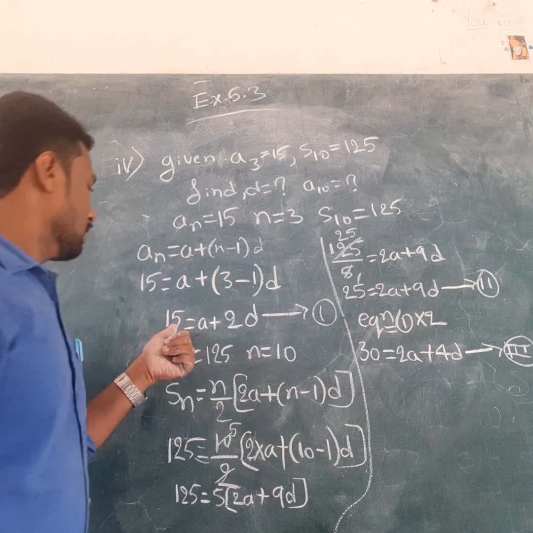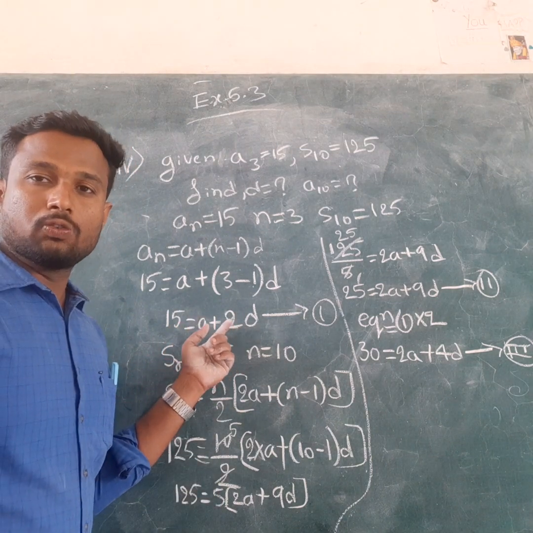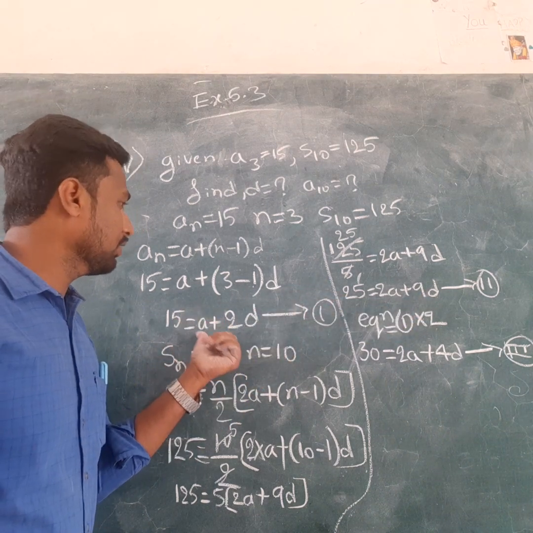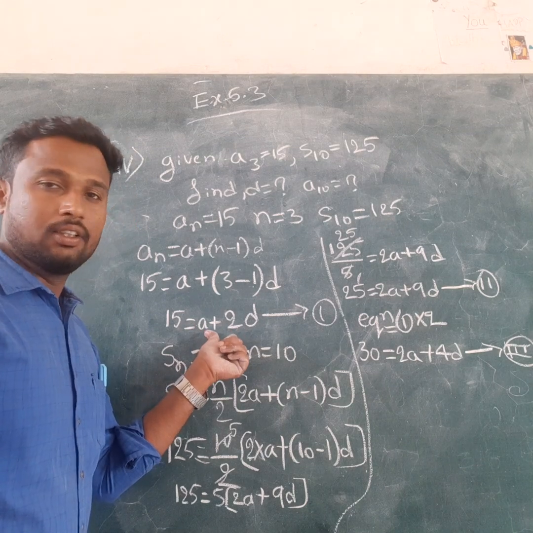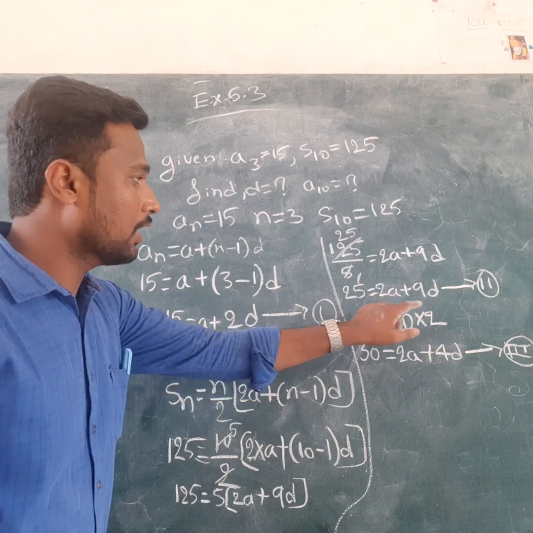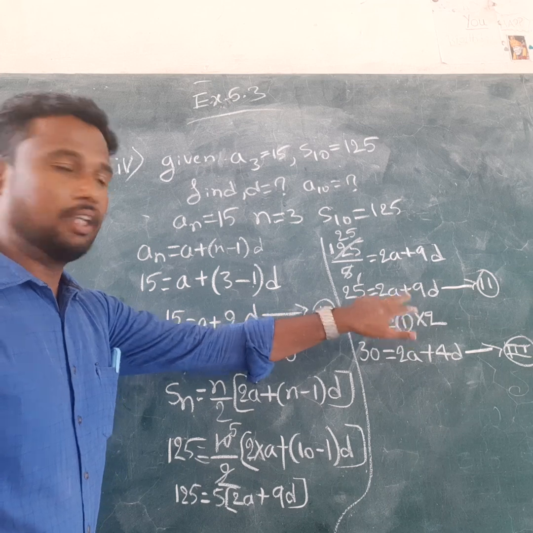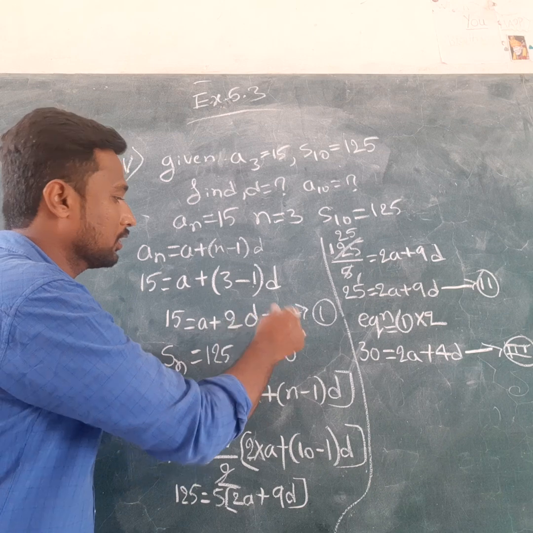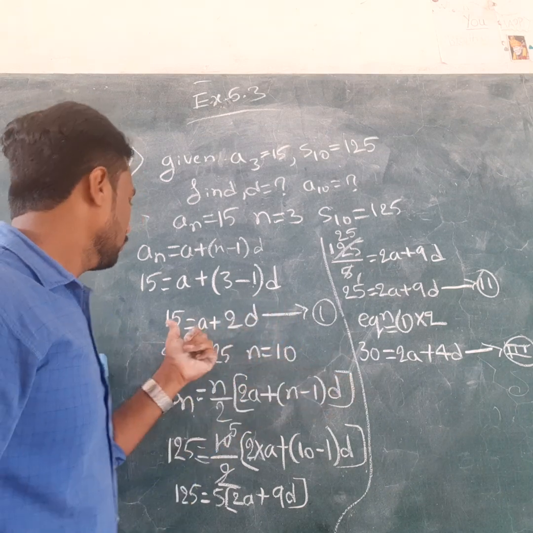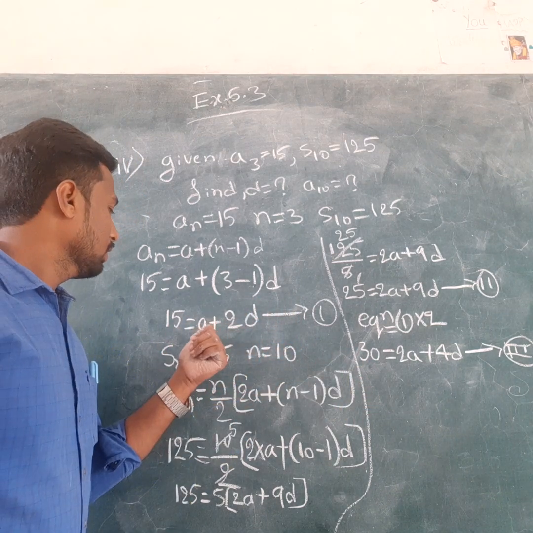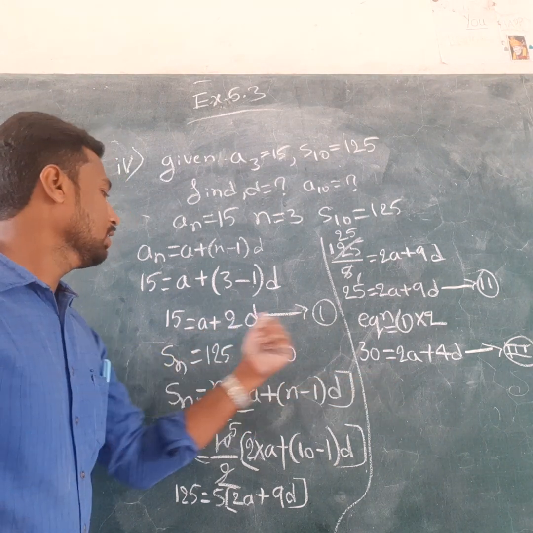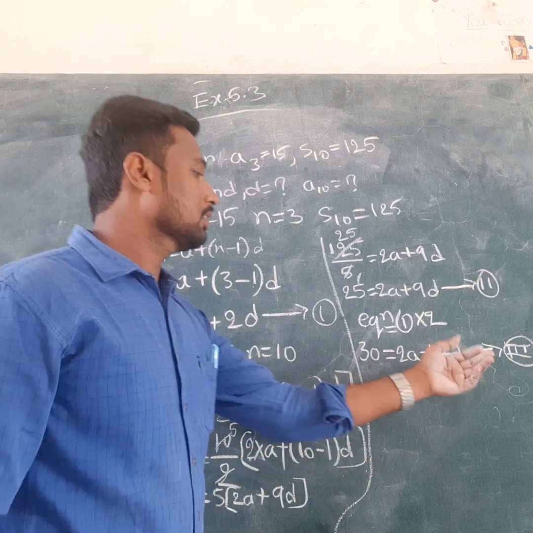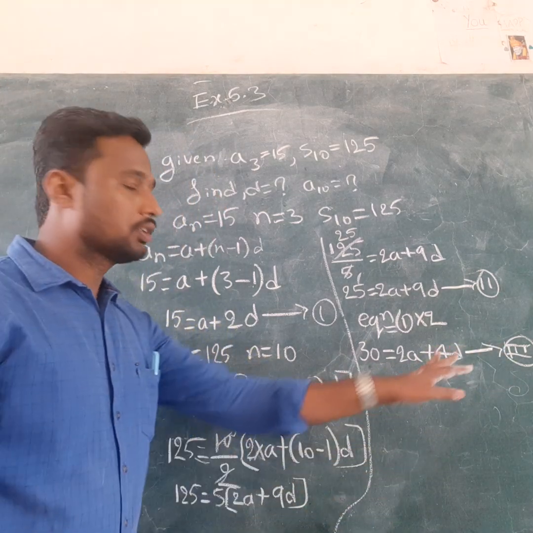I multiplied equation 1 by 2 to get the a value as 2a, because in equation 2 we have the a value as 2a. So 15 into 2 is 30, a into 2 is 2a, 2d into 2 is 4d. I have considered this as equation 3.